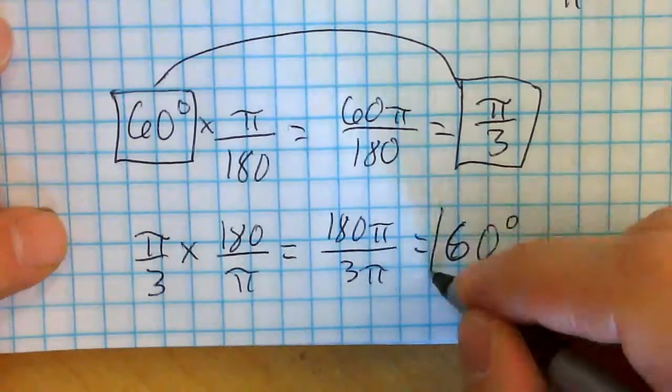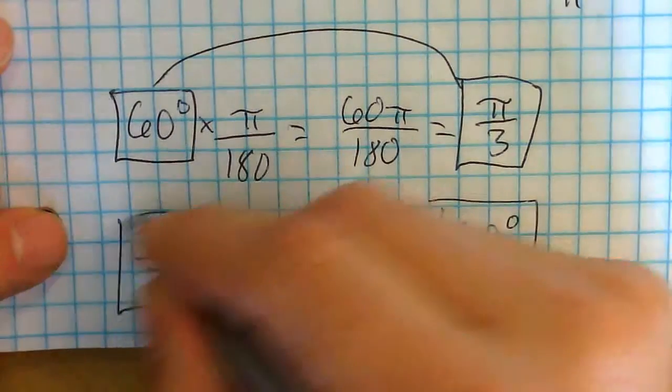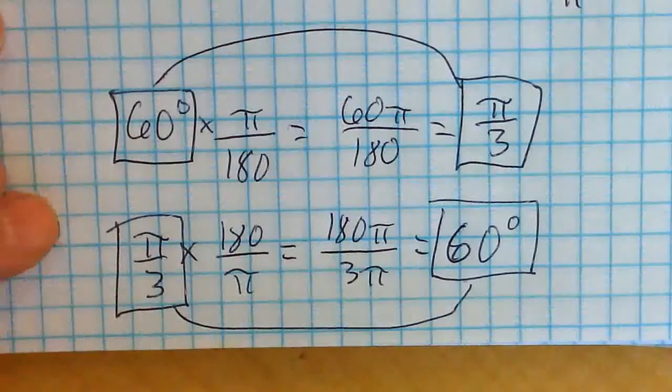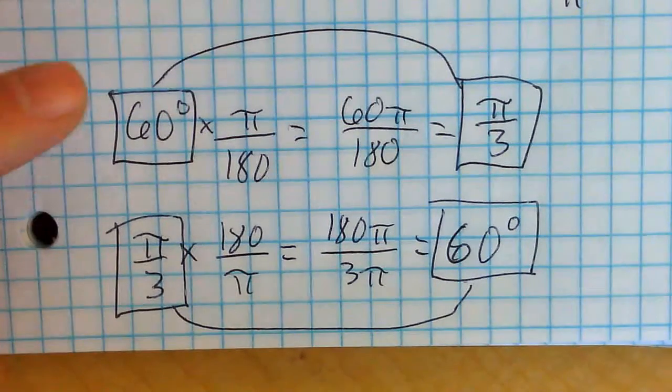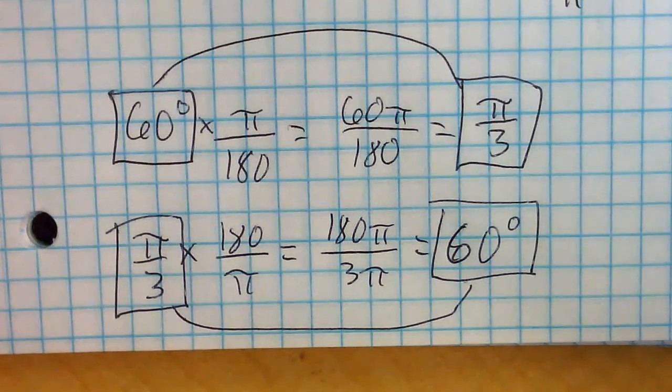So what I'm left with is 60 degrees. That's actually pretty simple. Converting from one to the other is pretty easy. You're going to do a bunch of problems where you're just converting back and forth from degrees to radians or from radians to degrees.